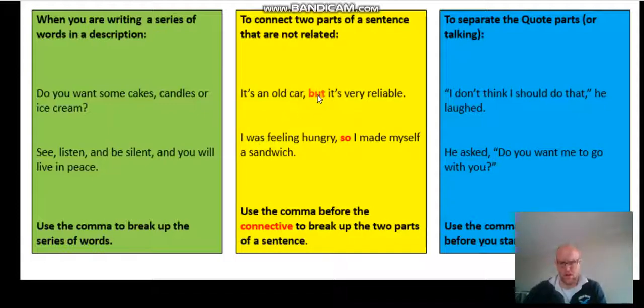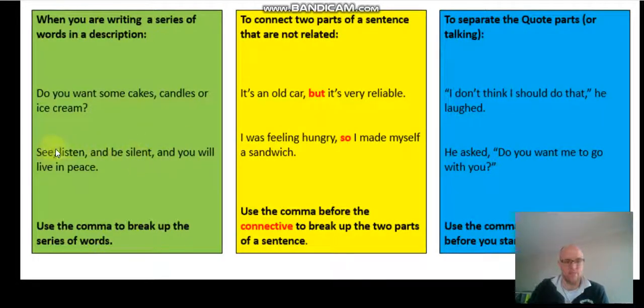So I've highlighted that but in red to show you that it's a connective, and we've got to put the comma in before we use that word, okay? So it turns a simple sentence into a compound sentence as well, doesn't it? I was feeling hungry, so I made myself a sandwich, okay? So it's kind of like we're moving in a new direction, we've got to use a comma before the connective.